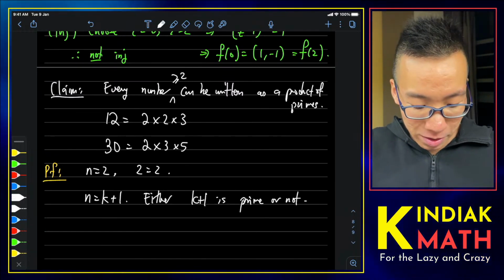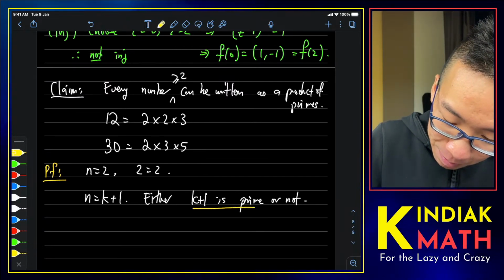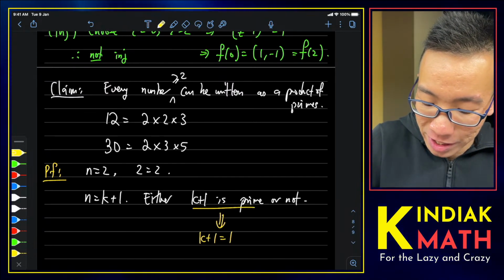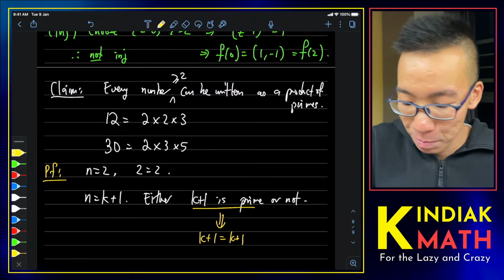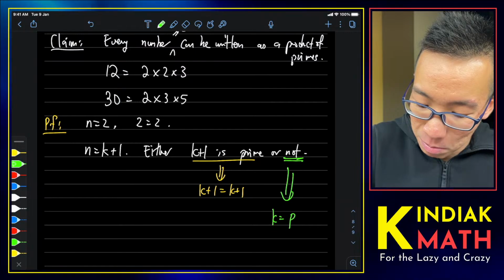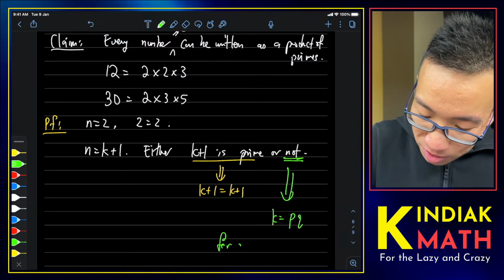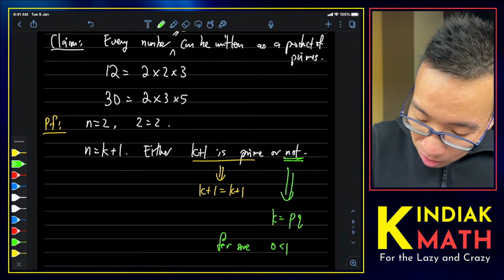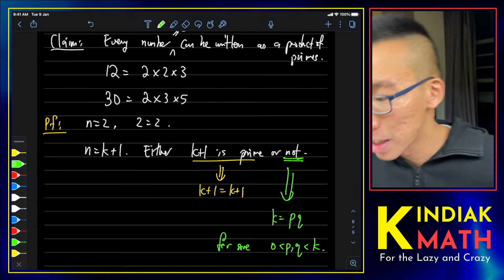If k plus 1 is prime, then you can write it as a product of primes, namely itself. But if it is not, then you can write k plus 1 as pq for some integers p and q smaller than k plus 1.